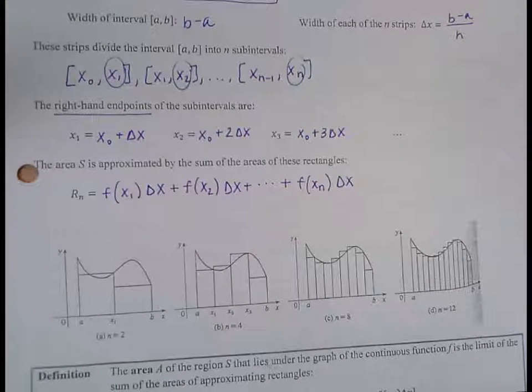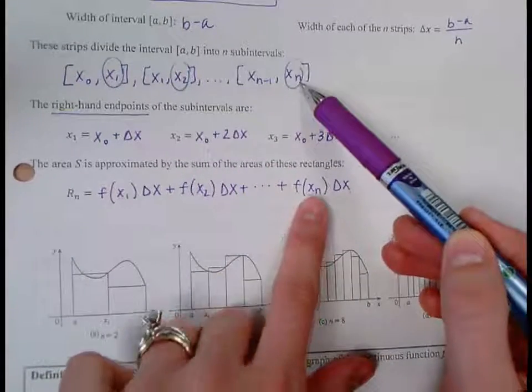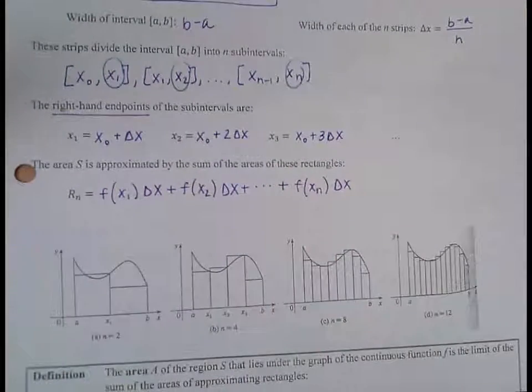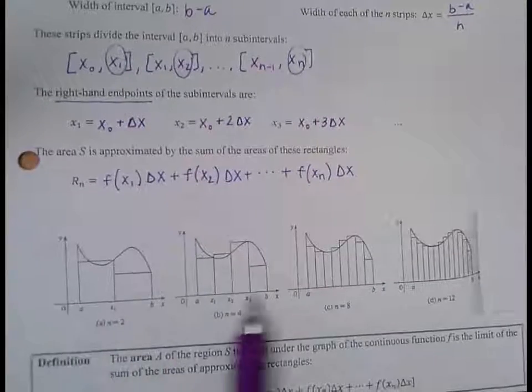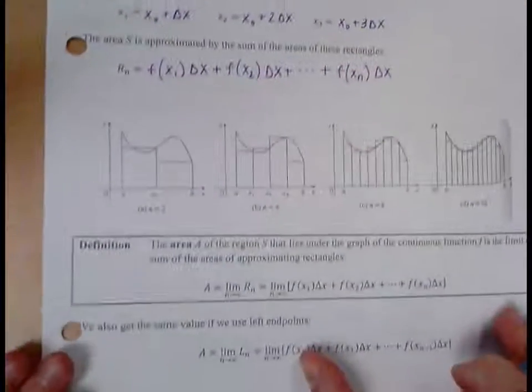And I'll explain the left endpoint at the bottom. So again, notice the x sub 1, x sub 2, x sub n, those are the x values I had circled above. So this again is just showing that as you increase n, you have a better approximation.